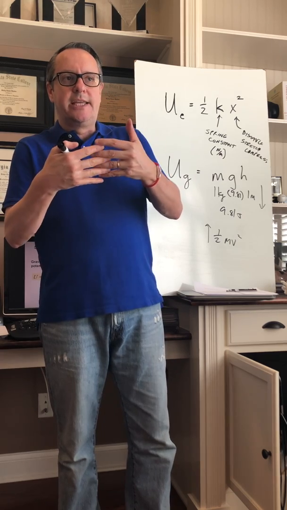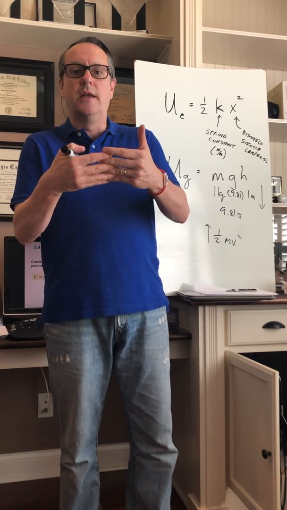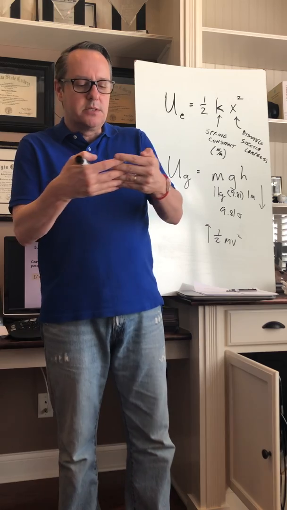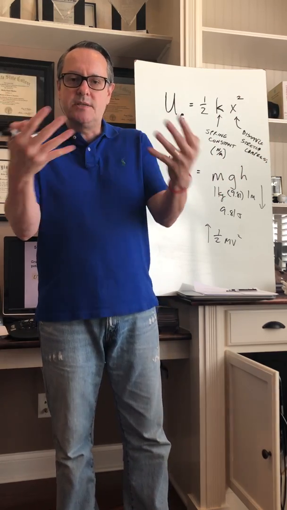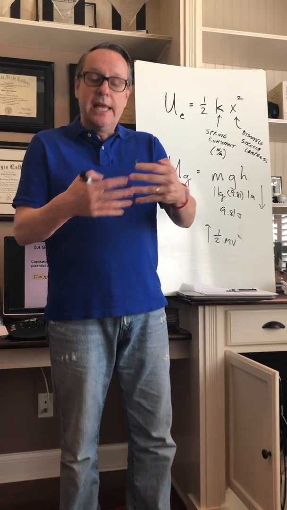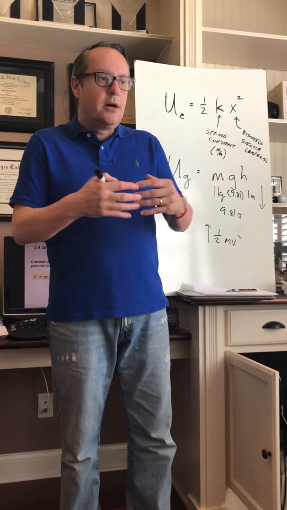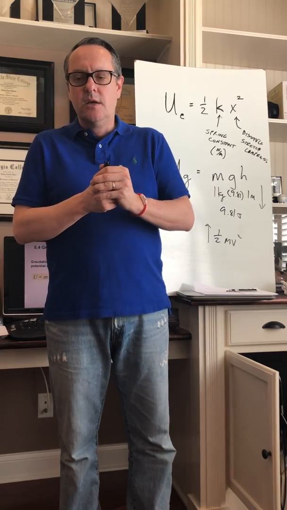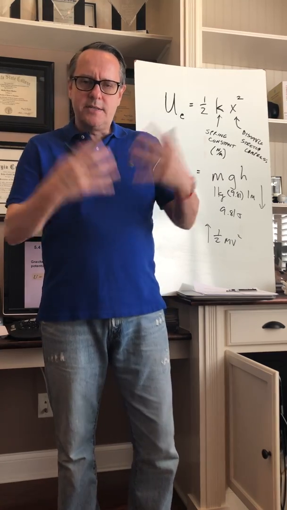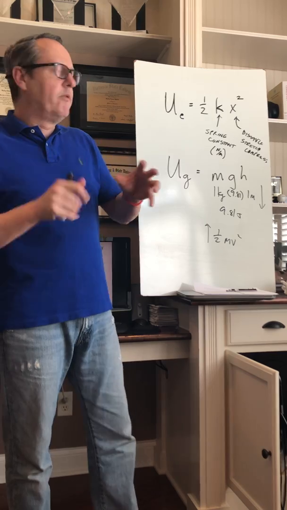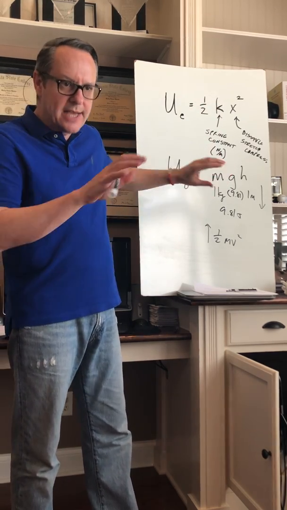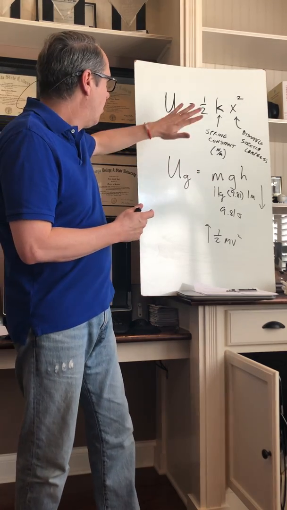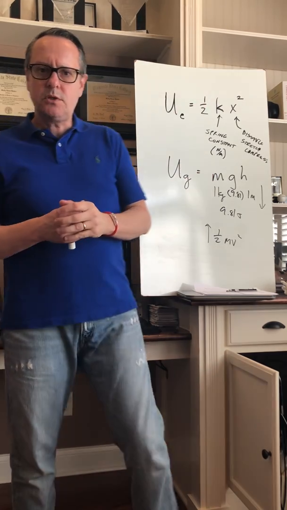Gasoline has a lot of chemical potential energy in those bonds. Octane is the molecule. And to release that chemical potential energy, you have to combust it. You have to add an energy source to it. You have to burn it, and only when you do that is that energy released. So the main two sources of potential energy when it comes to classical mechanics in physics are elastic and gravitational. Hopefully that makes sense to you.